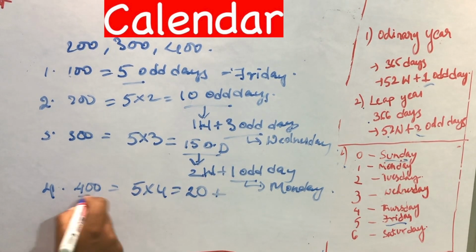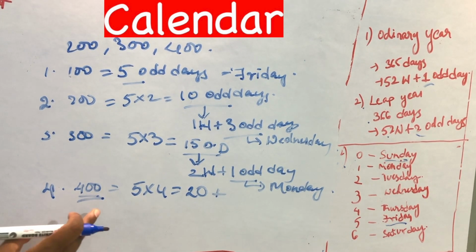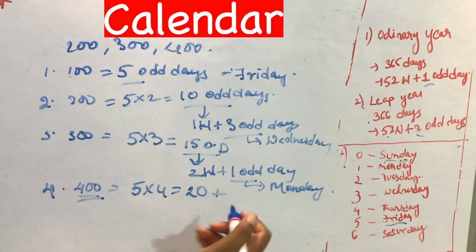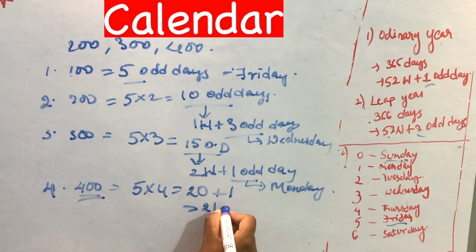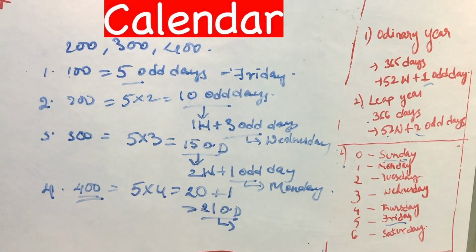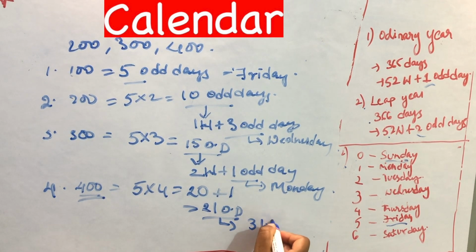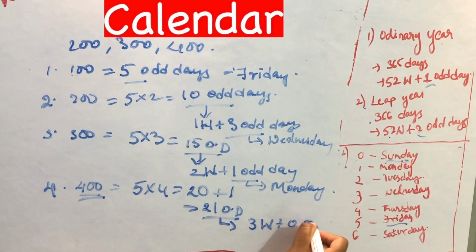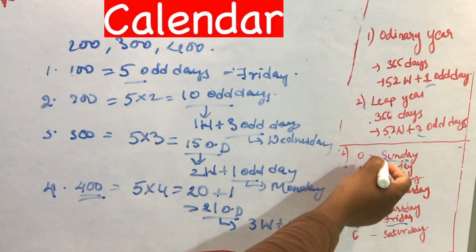Plus this is divisible by 400, hence this is a leap year, so we have one extra day, that is 21 odd days. If we convert this into weeks and odd days, then we get 3 weeks plus 0 odd days. If it is 0 odd days, then it is Sunday.